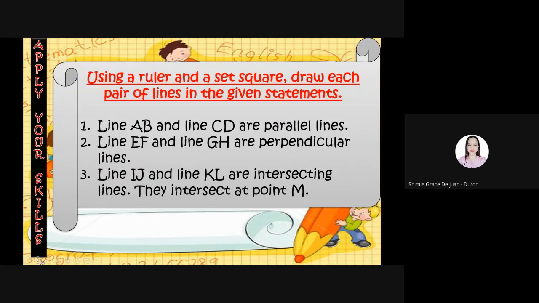So draw these kinds of lines, okay, using the given letters. Second, line EF and line GH are perpendicular lines. And the third is line IJ and line KL are intersecting lines. They intersect at point M.